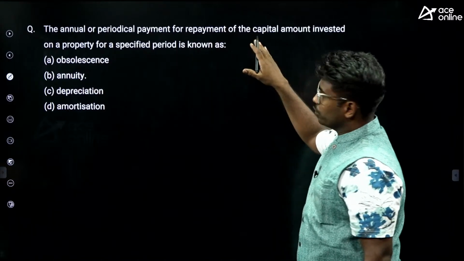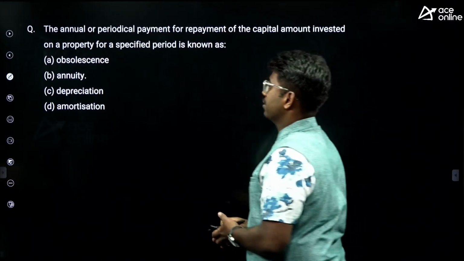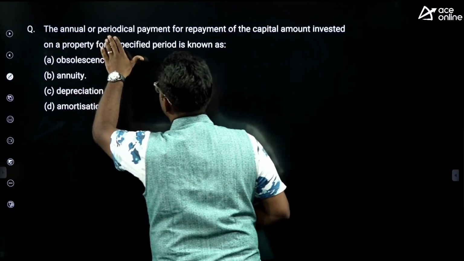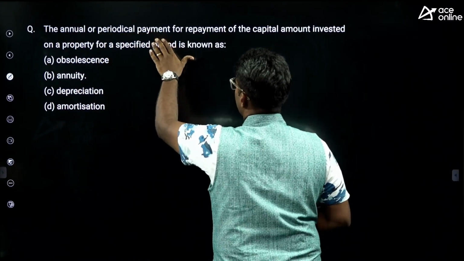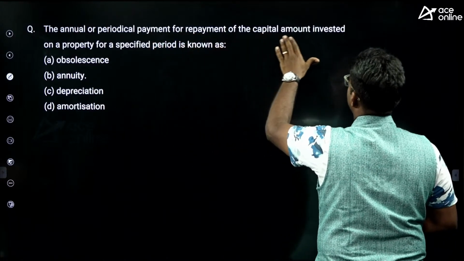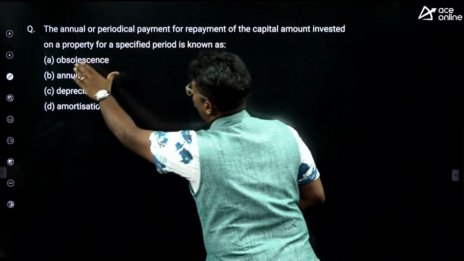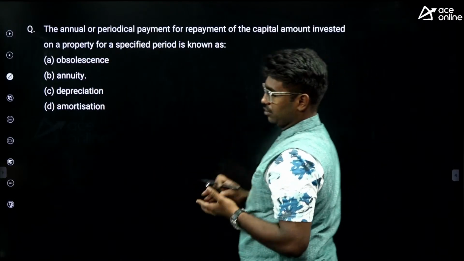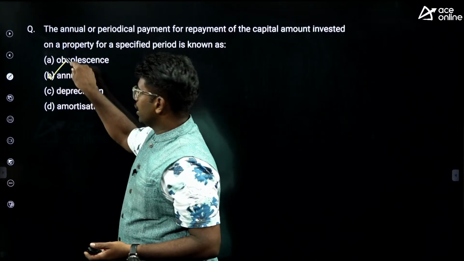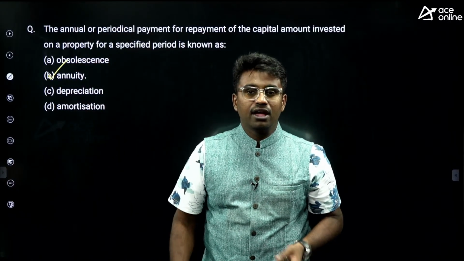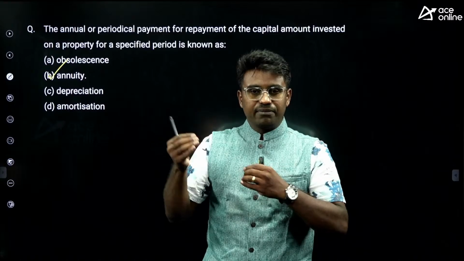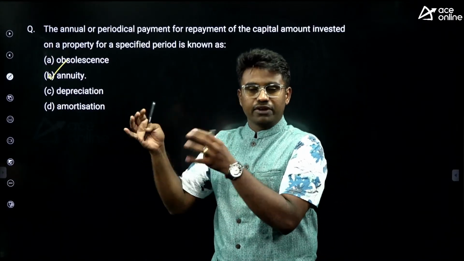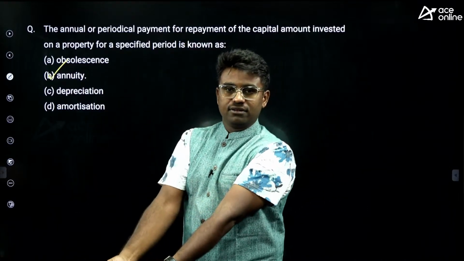Right. The annual or periodical payment for repayment of the capital amount invested on a property for a specific period of time is nothing but called annuity. Whatever you get from the property every year, you deposit in the bank and then reutilize that.